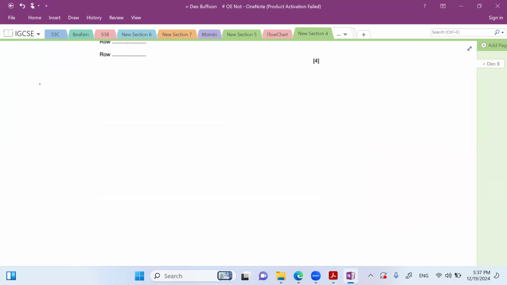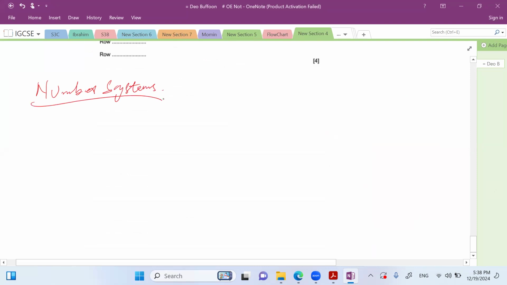So the chapter is basically number systems. If I have a number, let's suppose 25, you need to find out that this 25 can be either a denary number, or it can be hexadecimal if the base is 16.